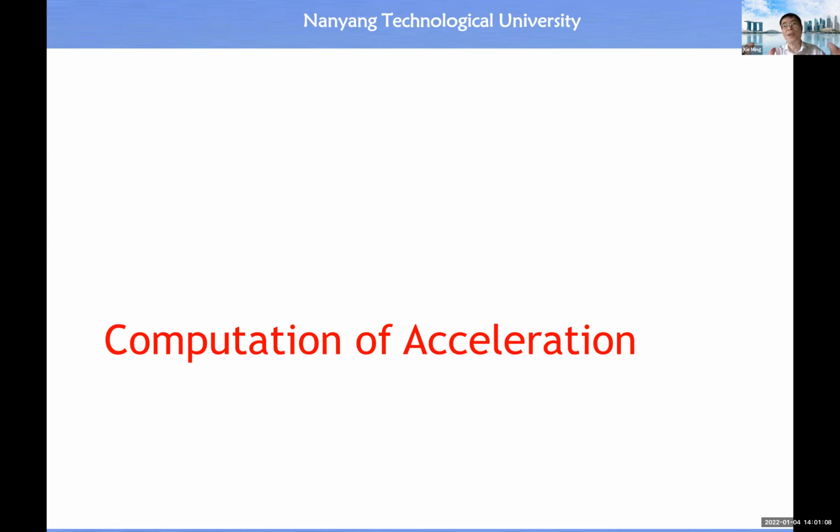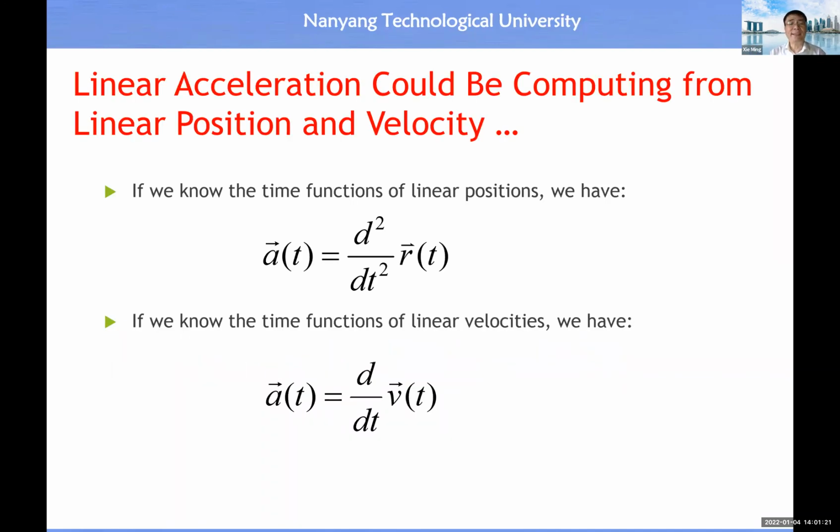So we look at this scenario first, before we enter the study of how to do direct measurement. If, let's say for linear motion, for whatever reason, we know the time function of position, or we know the time function of velocity, then in this case, there is no need for you to measure acceleration, because we can directly compute acceleration from position or from velocity.